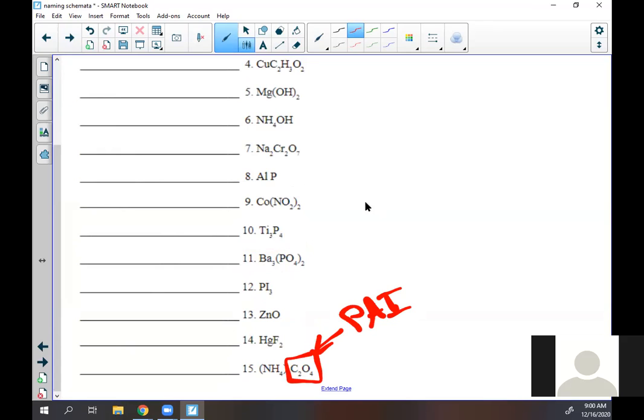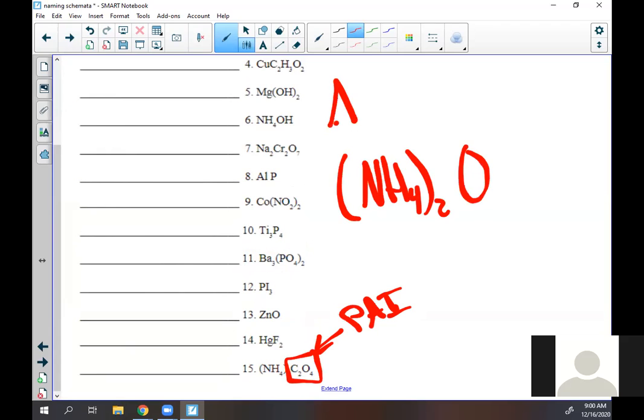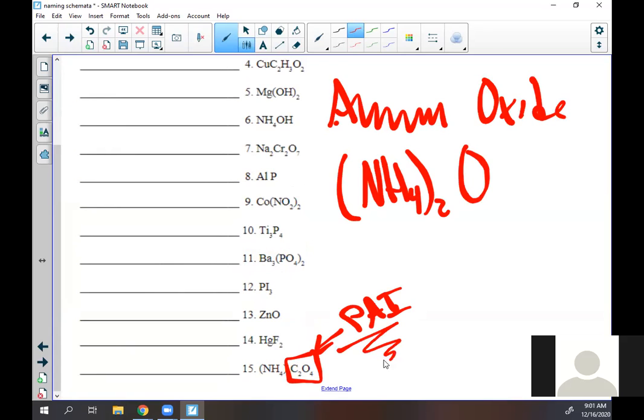So let's pretend it just said NH4 2O. Then you'd say ammonium oxide. If there's more than one, then it's the polyatomic ion. If there's only one, it's the element ending in "ide."